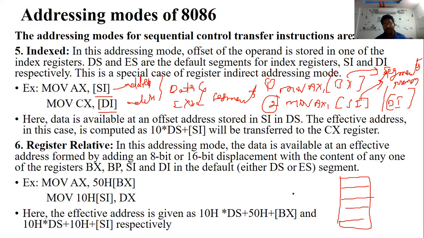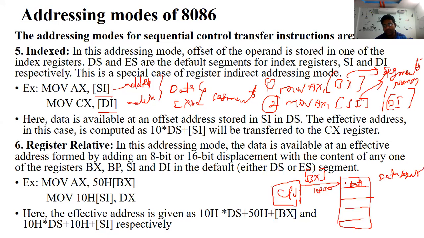This is the CPU. For the first instruction, BX has some predefined or garbage value, the address location, suppose 0000, in the data segment.